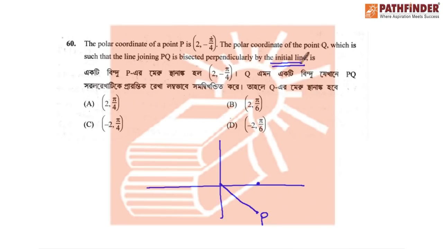I think bonus marks should be given for this question. If they mean bisected by the origin, then if this point is 2, minus pi by 4, the other point is 2, pi by 4. This can be the possibility when the initial line is taken as the x-axis, but it is not given what the initial line is. So there is ambiguity in the question.